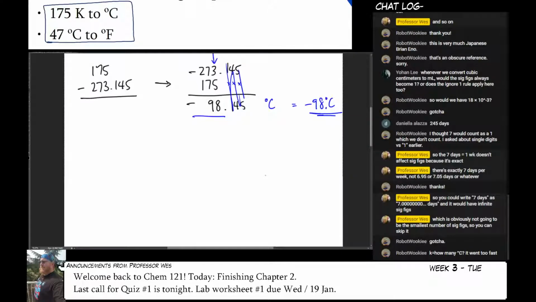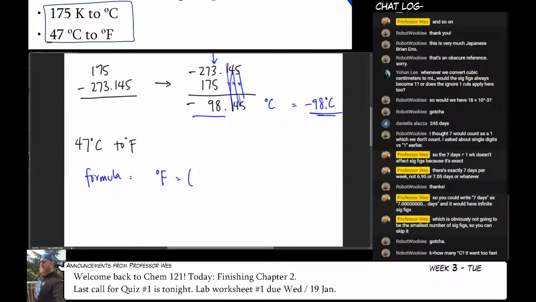All right, let's do the next problem, and then we're going to be out of time for the day. 47 degrees Celsius to Fahrenheit. Now, what is the formula for Celsius to Fahrenheit? So you can use either formula, but because we're going to Fahrenheit, I'm going to pick the one that is already solved for Fahrenheit.